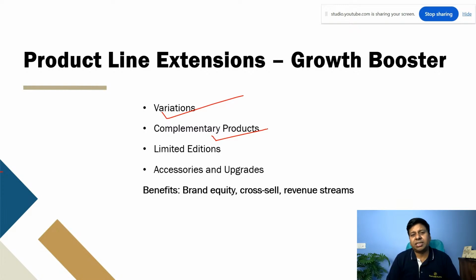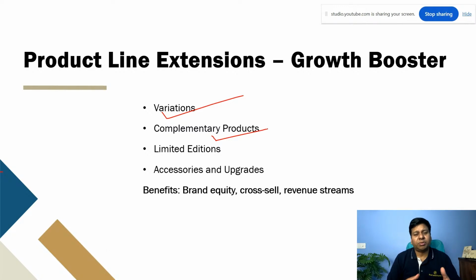Some organizations are creating limited edition products for some cause, for some purpose. Tata Motors Kaziranga edition. It's a limited edition. Create some exclusiveness in the customer's mind. You can develop some accessories and upgrades.